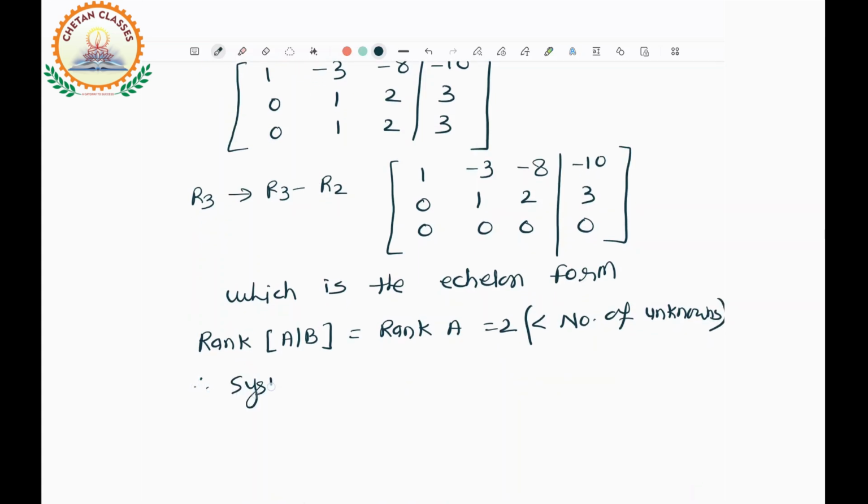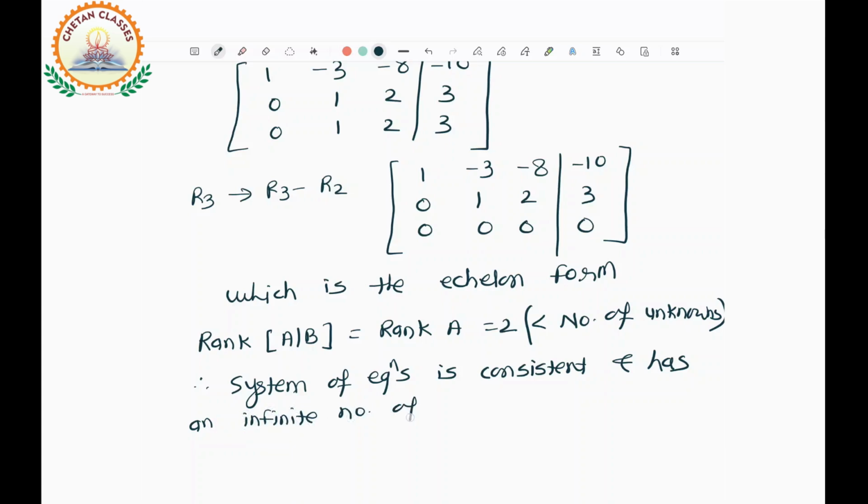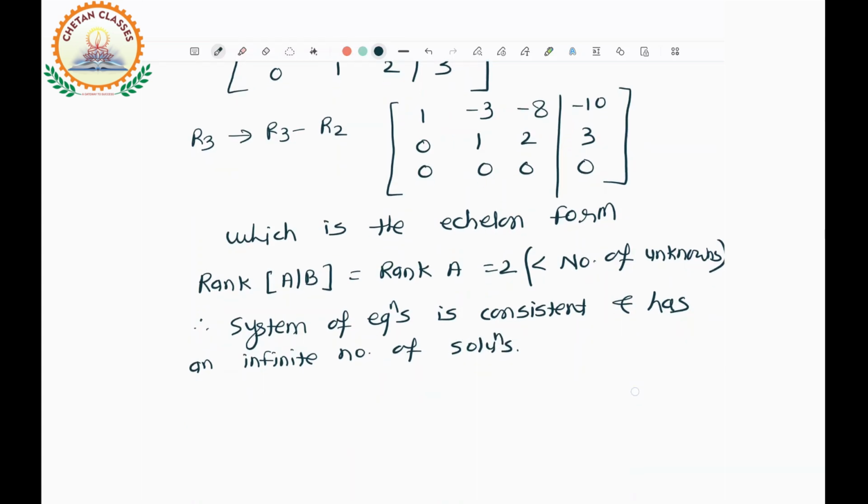Therefore, the system of equations is consistent and has an infinite number of solutions, because there are 2 equations and 3 unknowns.